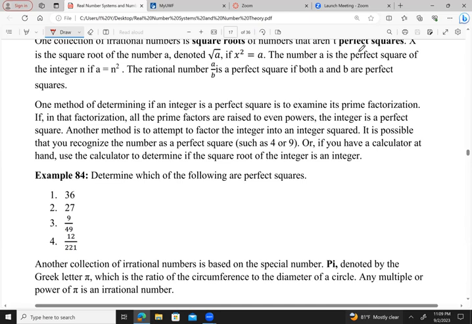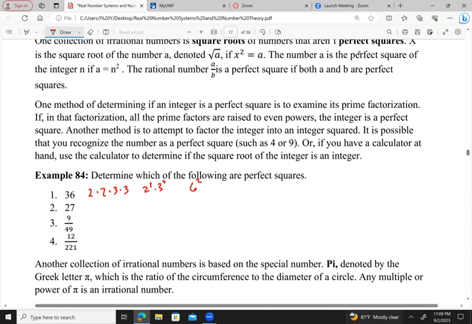Okay, well, let's try the factoring here. So we have 2, which leaves me 18, and we have 2, which leaves me 9, which is 3 and 3. So I have 2 squared times 3 squared, so 6 squared. It is a perfect square.